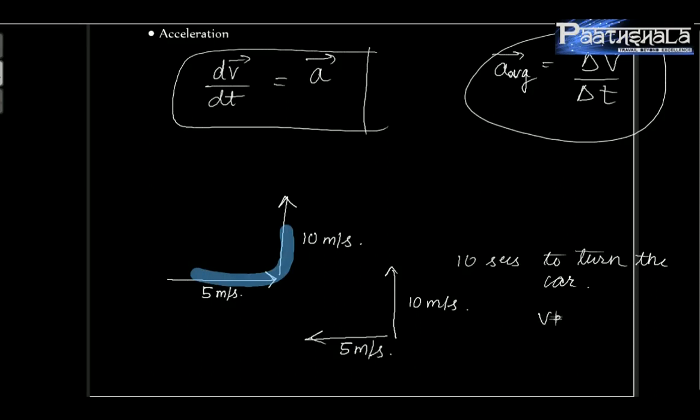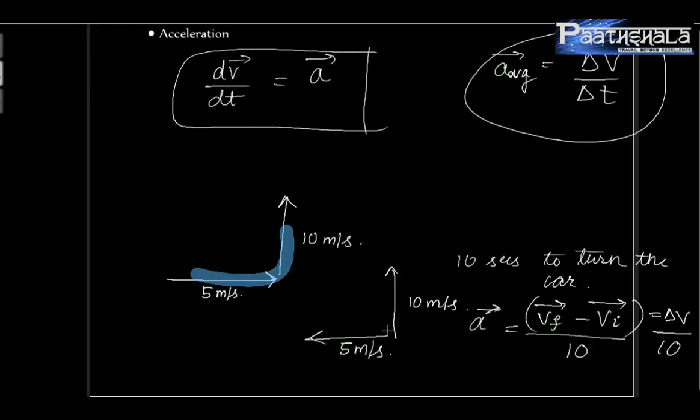Because I want to find out final velocity minus initial velocity, Vf minus Vi. This is nothing but change in velocity, delta V, upon change in time, delta t, which is 10 seconds, upon 10. Simple. So this is going to be our acceleration vector.